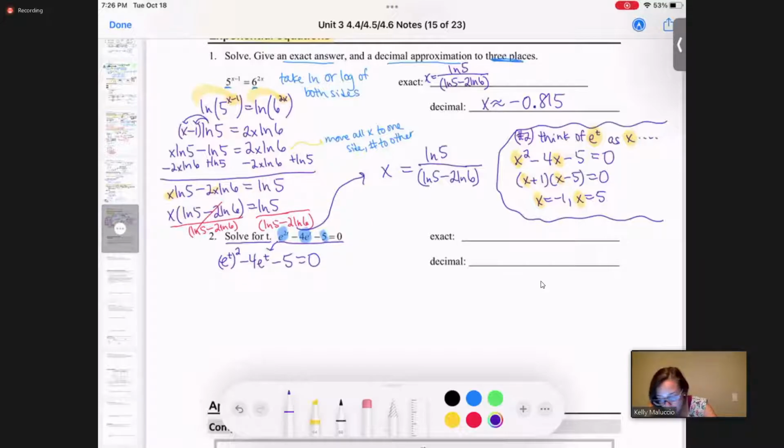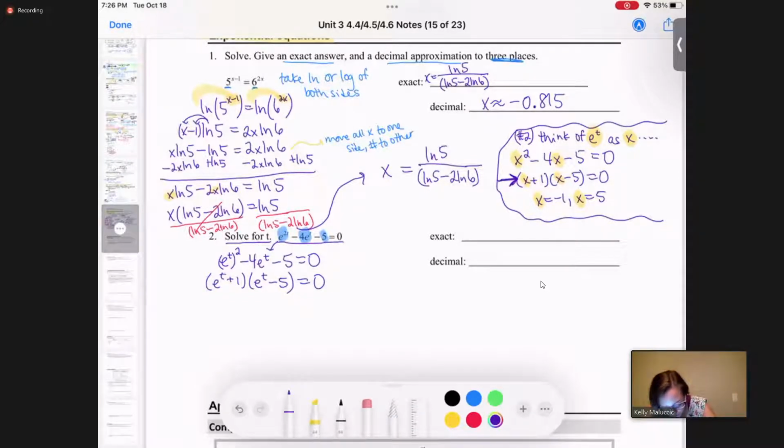Then I'm just writing what I did here. This is the same thing as e to the t plus 1 times e to the t minus 5 equals 0. I just factored it. It's kind of cool.